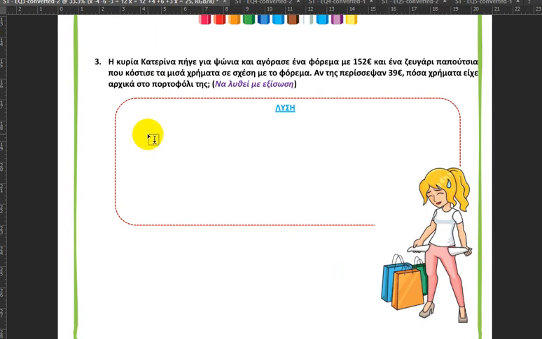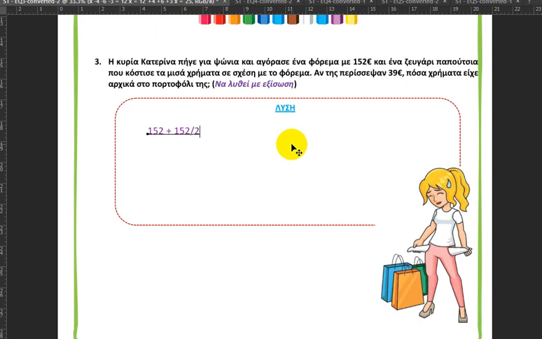In the next problem, this lady goes out shopping. She buys a 152 € dress plus a pair of shoes that cost half that much, so 152 divided by 2.